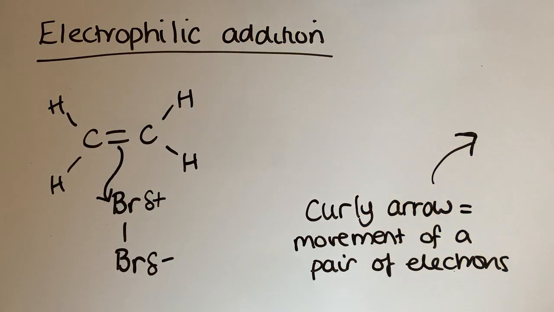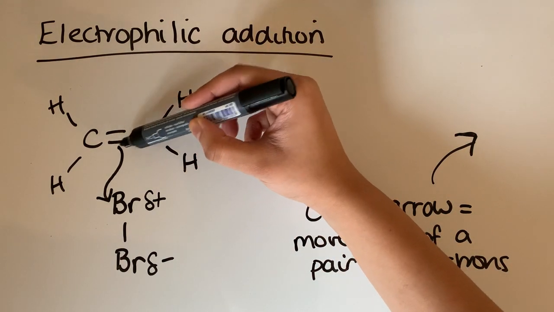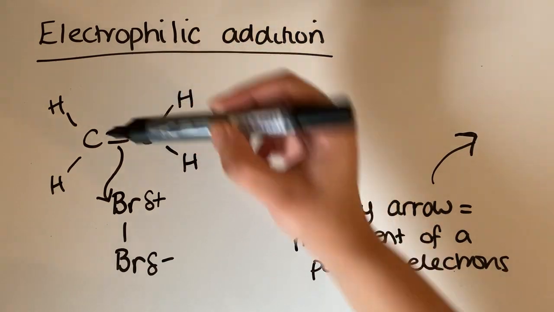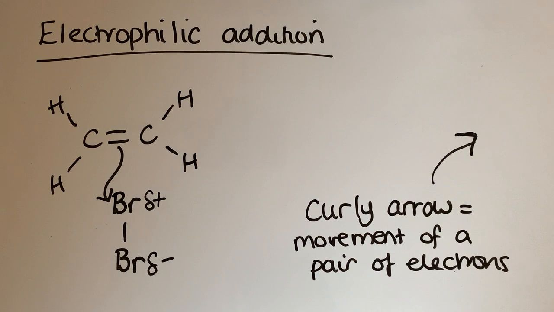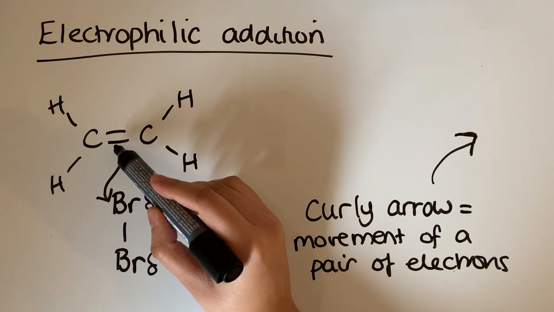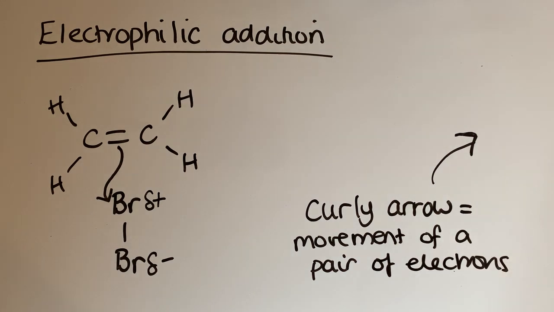And I show that by drawing this curly arrow. That curly arrow is showing a movement of a pair of electrons. So it's the pi bond electrons going to that electrophile. Remember, electrophile wants to accept a pair of electrons. I'm showing that movement of electrons with this curly arrow.